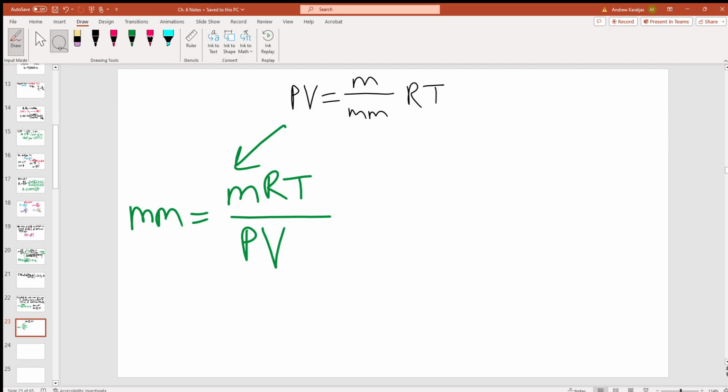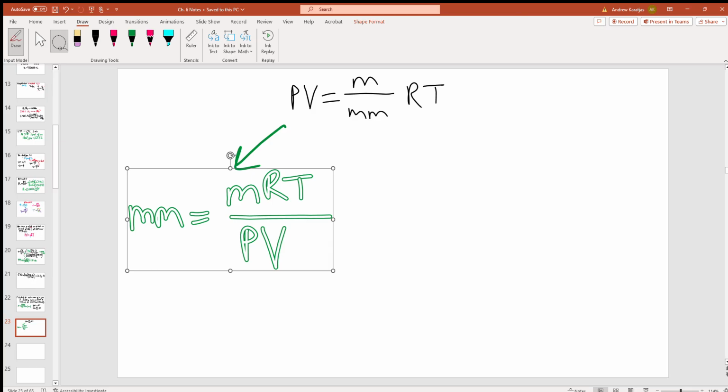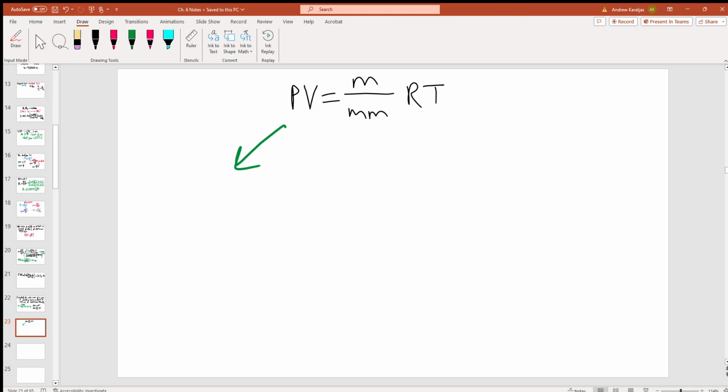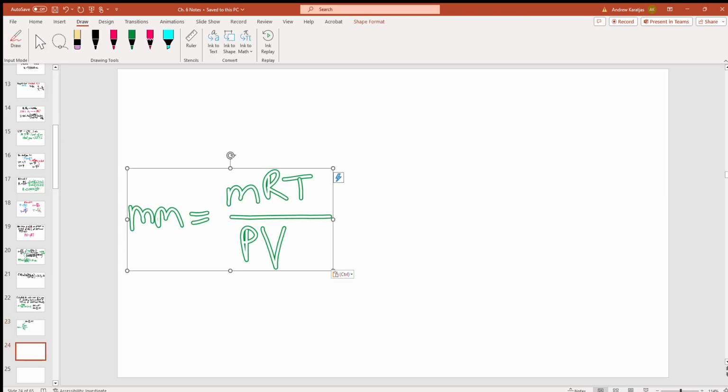And I'm just going to grab that equation and bring it over to the next page because that's where we'll finish solving this problem.